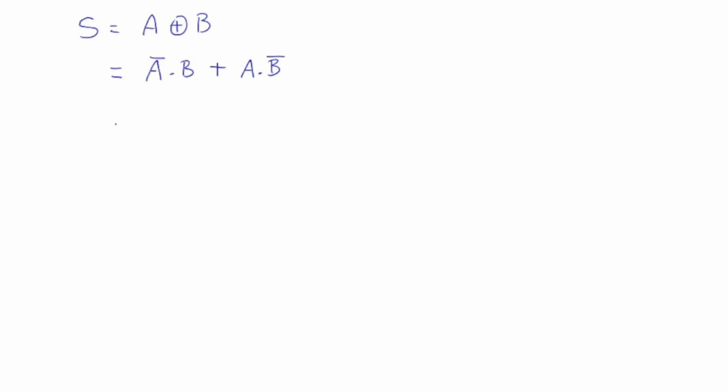Now the value of the whole expression is not going to change if I put a double bar over it. That is, if I say this whole thing double bar, by law of involution, that is x double complement is equal to x, the value of the whole expression is not going to change.